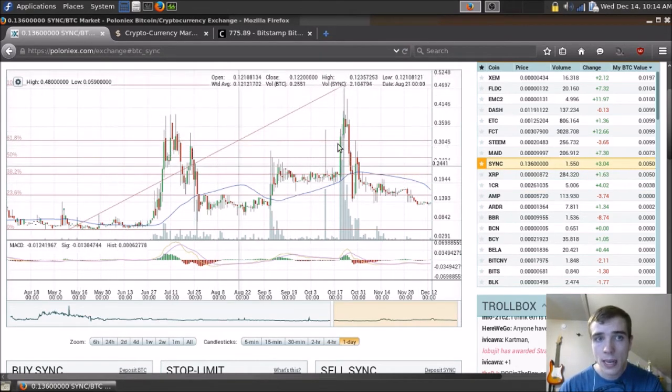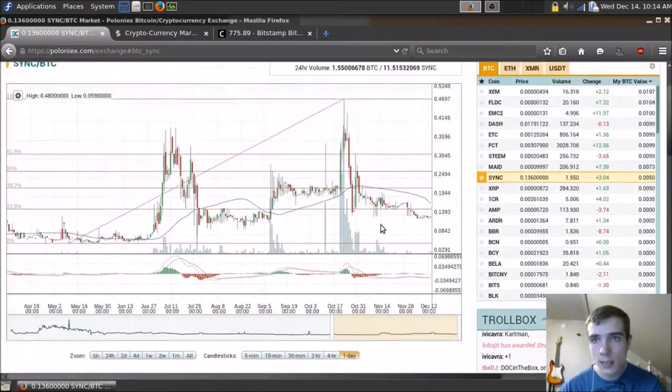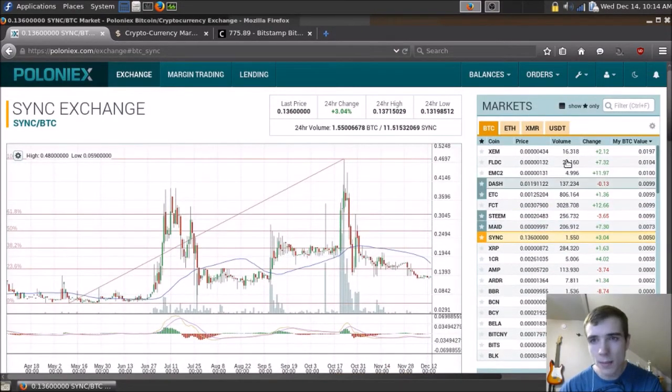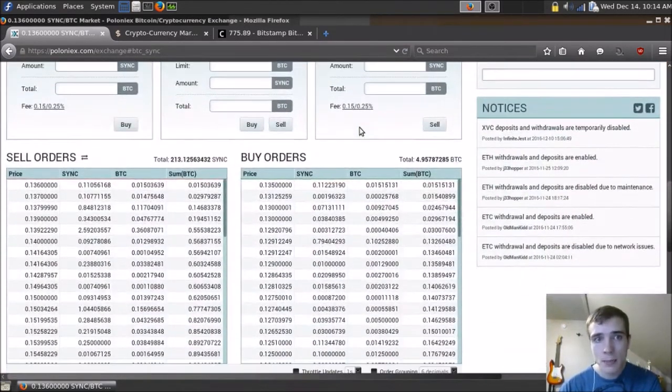And if alts gain strength, Sync is basically the top 8 or so coins by volume on Poloniex. I don't know exactly how it works, but I think it's the 10 most valuable on Poloniex. It just gets stacked into an index, it's called.